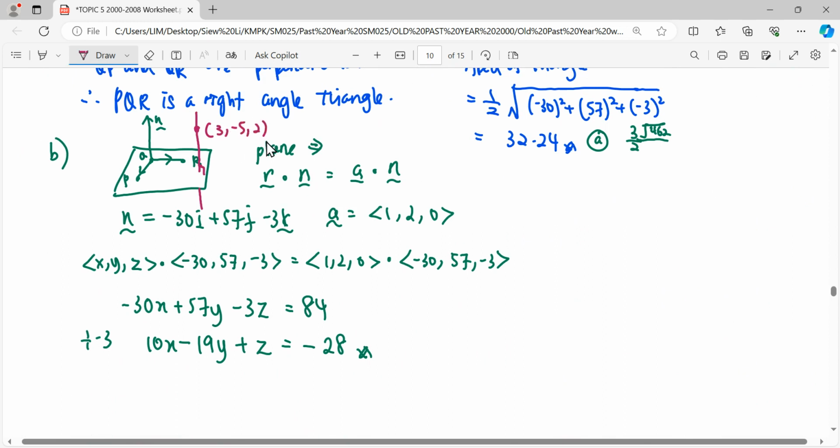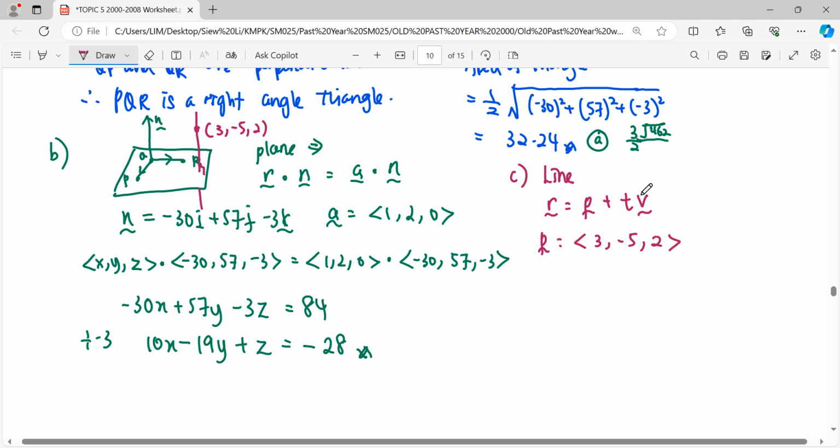To build a line equation, the formula is r equals p plus tv. P is a position vector the line passes through. So the position vector for this point will be 3i minus 5j and 2k.